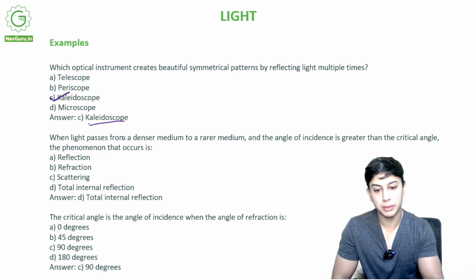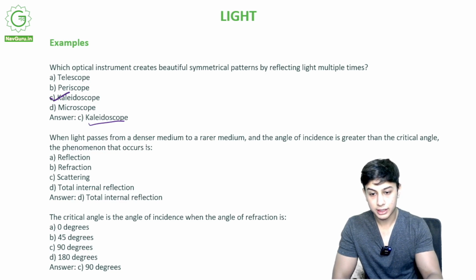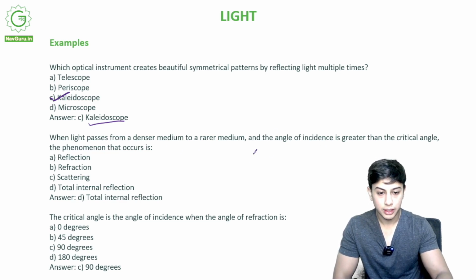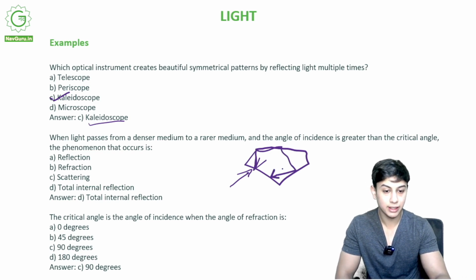When light passes from a denser medium to a rarer medium and the angle of incidence is greater than the critical angle, that is called what? If you remember, in a diamond, light rays enter this way, this is a critical angle, but the angle of incidence is more than the critical angle. It will go a lot of refraction, a lot of bending, while ultimately it comes out.